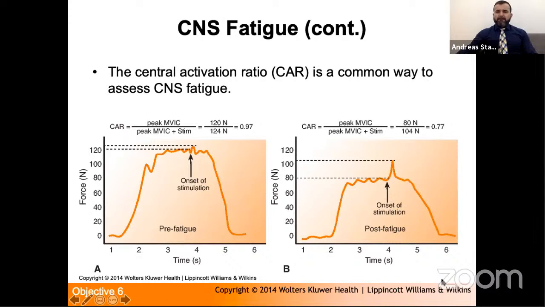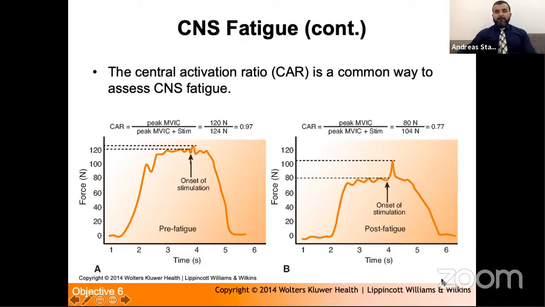And in a healthy individual, an active individual, this ratio is very close to 1. Now we do the same thing and we make sure the person is fatigued, is tired. So that's post-fatigue. We do the same thing after we're sure that they've done it and they're already tired.